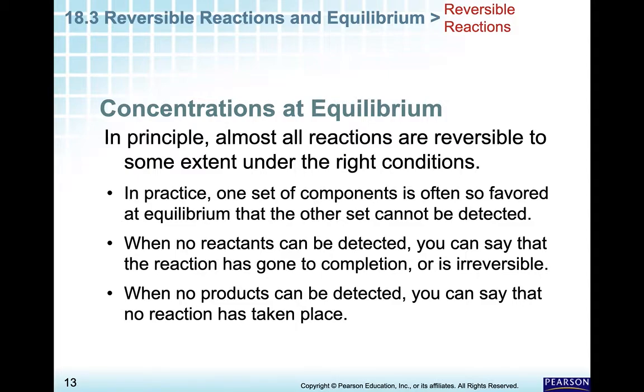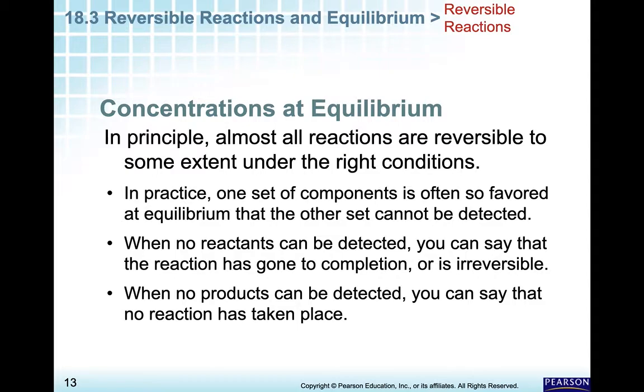Doesn't mean it's impossible. Let's say we have a reaction that produces 99% product like before. Doesn't mean we can't go backwards and produce reactant. No, we can. It's just not favored. It's a lot harder. We'd have to input more energy, do it at a higher temperature maybe. It's not going to happen naturally.